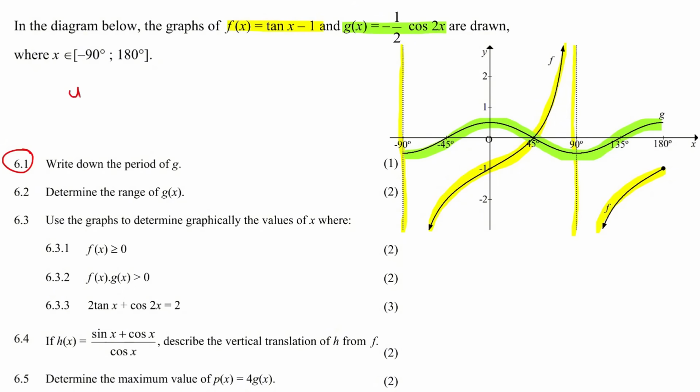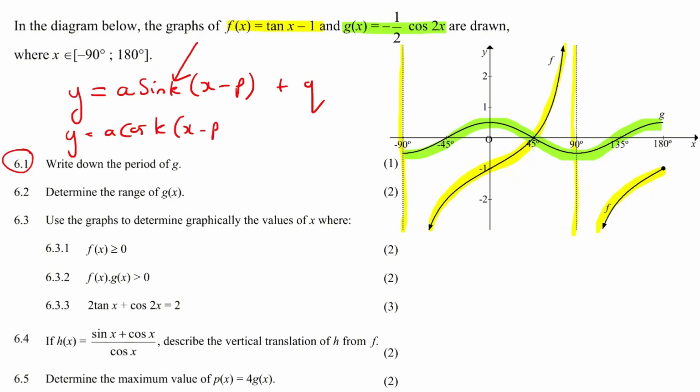Now, in a sin and cos graph, the basic formula goes like this. And the only letter that affects the period is this one here. If it was a cos graph, it's exactly the same. So K is the only letter that affects the period.